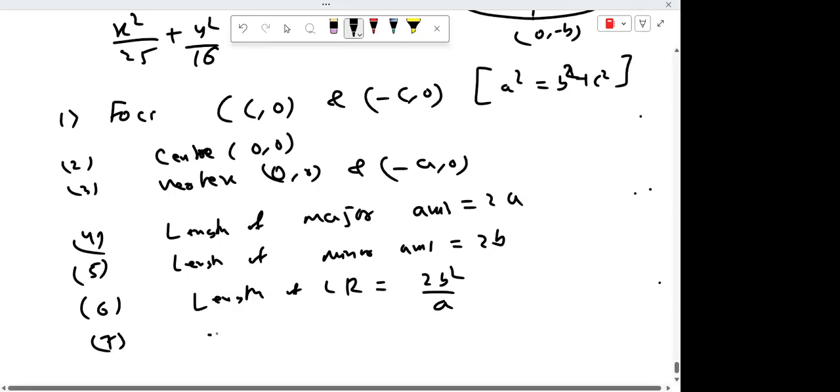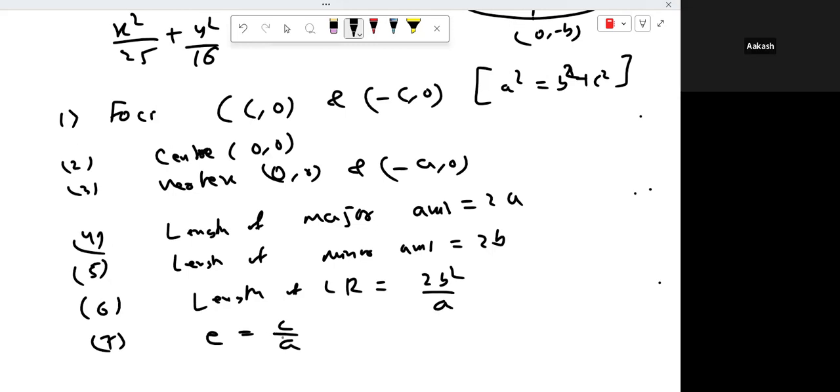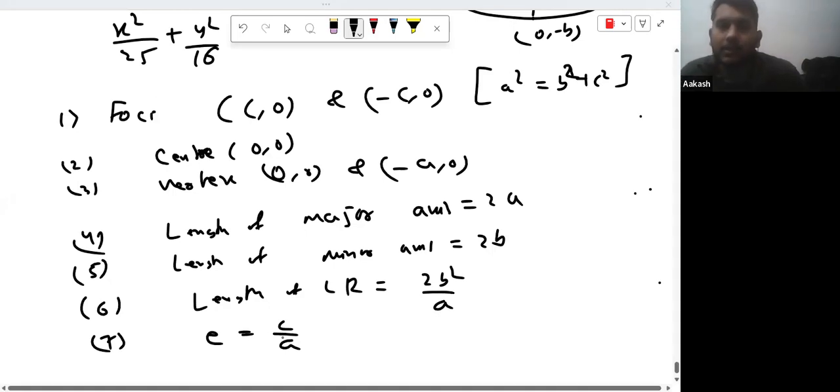Eccentricity is c by a. What else? Okay, I think this is all. These four things will not change for any of the ellipse. We'll study the types in such a way that these four things never change, so you do not have to worry about this. Just write it down.